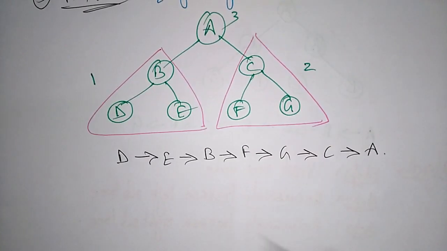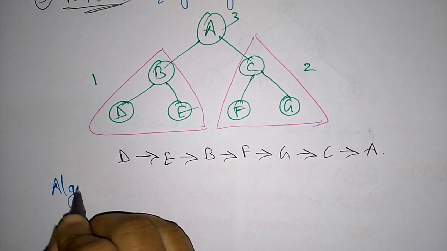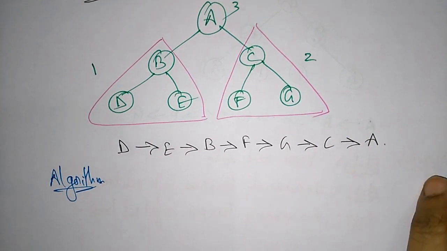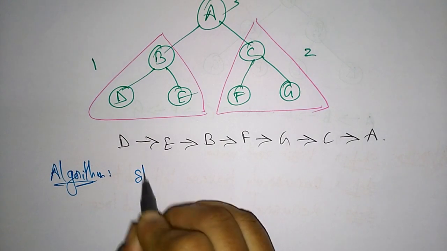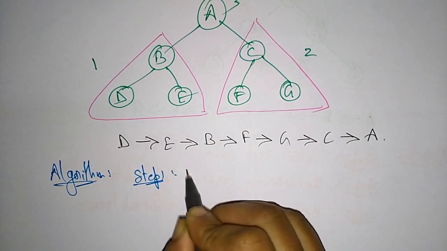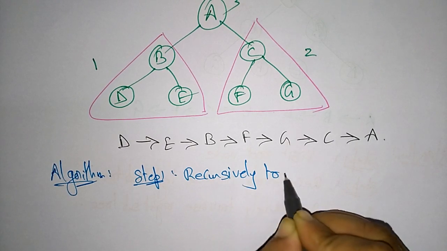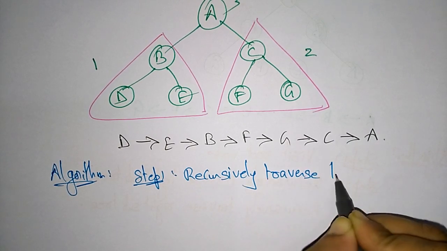Now the algorithm. We use it until all nodes are traversed. Step 1, recursively traverse left.